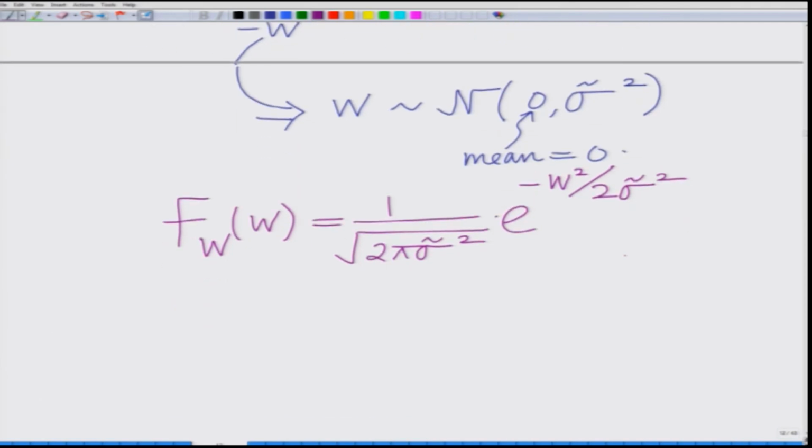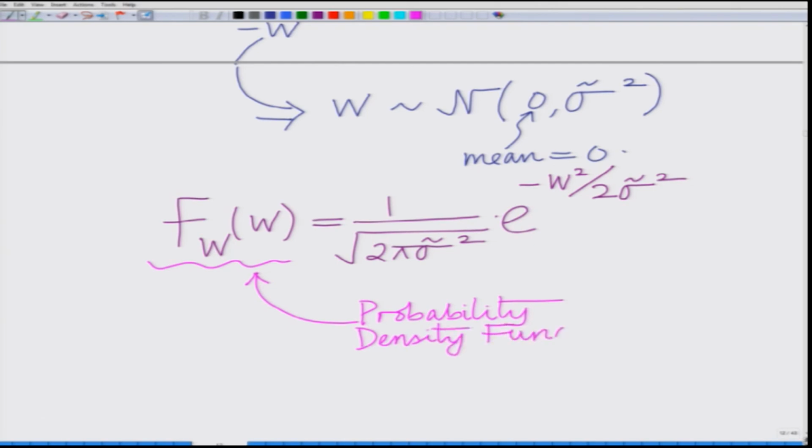This is the probability density function of the estimation error W. Alright, so we have the probability density function characterized by the Gaussian random variable with mean 0 and variance sigma tilde square. Okay.